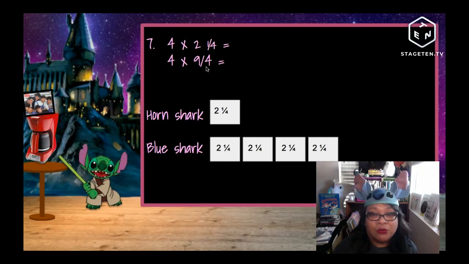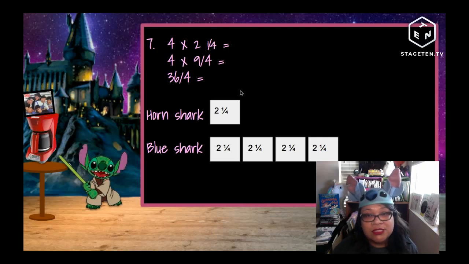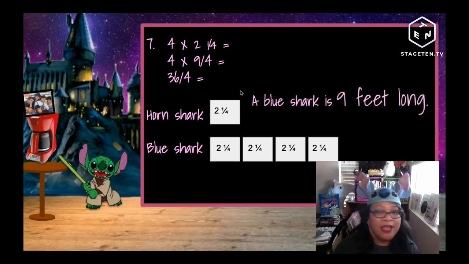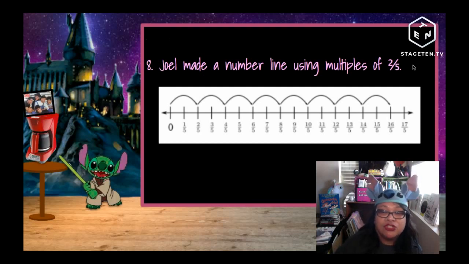It gives you a total of 9. So you multiply across 4 times 9, and that gives you 36/4. And if you divide 4 into 36, you get 9, and so the answer is a blue shark is 9 feet.